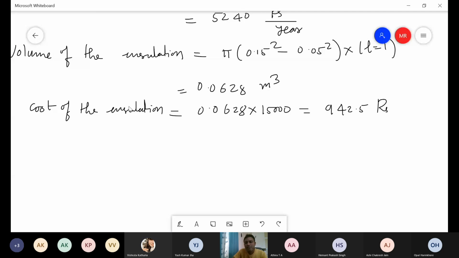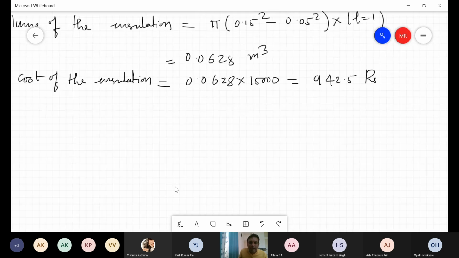Now what is the question? The question is how much time period will be required to pay back this insulation cost. Here the insulation cost is 942, whereas the saving is 5240. So the saving is much higher compared to the cost required for the insulation, isn't it? So we can directly calculate the payback period.